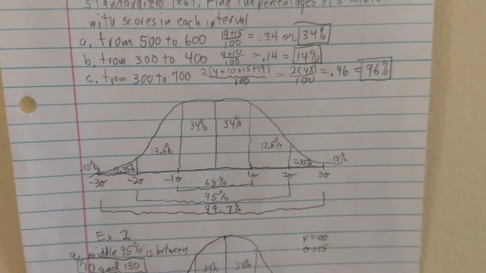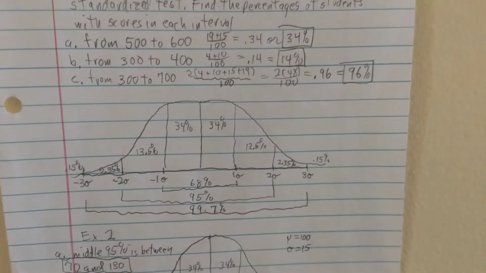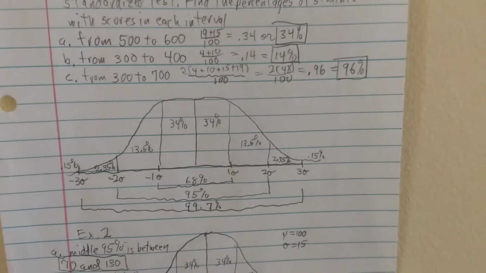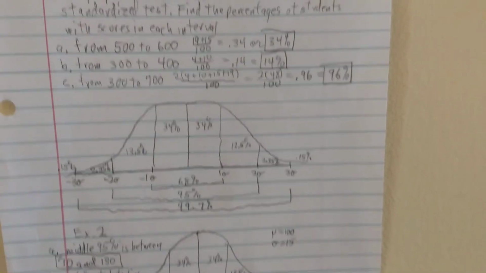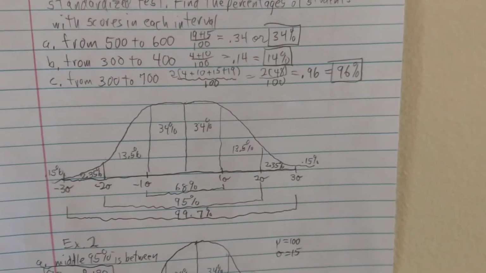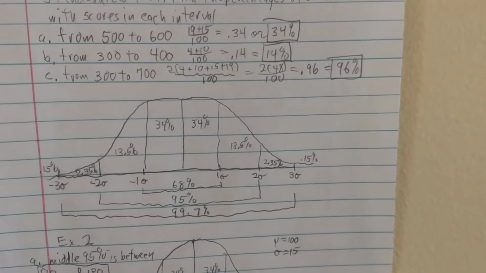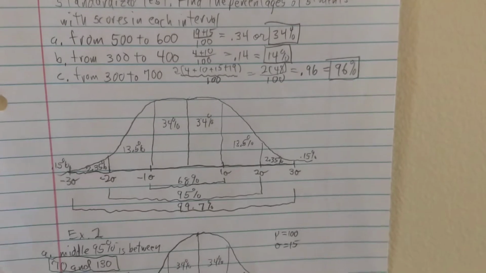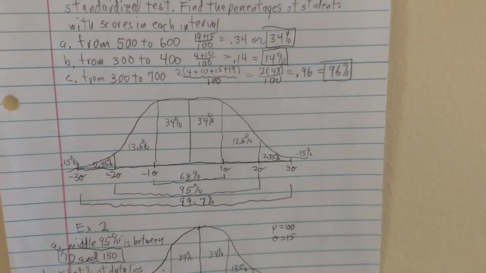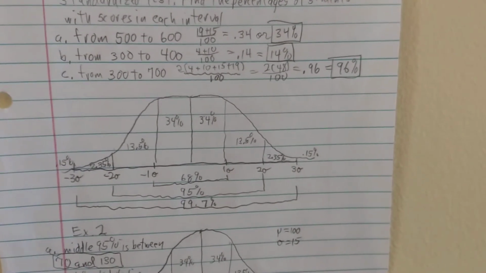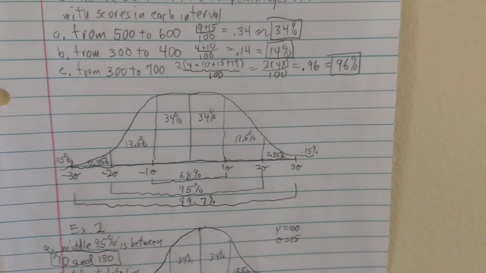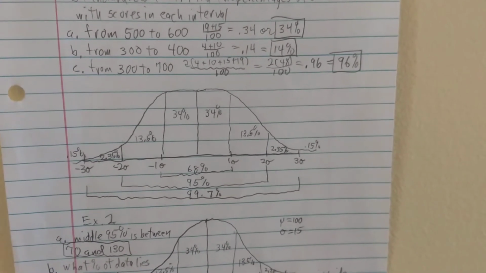Now if we go out another standard deviation to the left and another to the right, the next area out from the right of 34 is 13.5, and on the left side to the left of 34 is 13.5. So to the 68 we're adding twice 13.5, or 68 plus 27 is 95%.